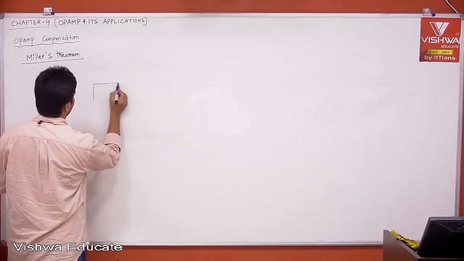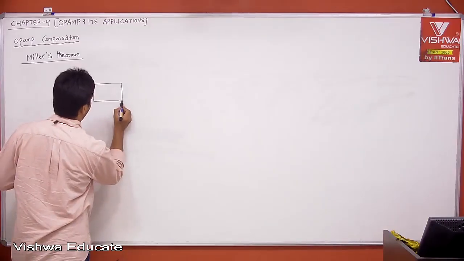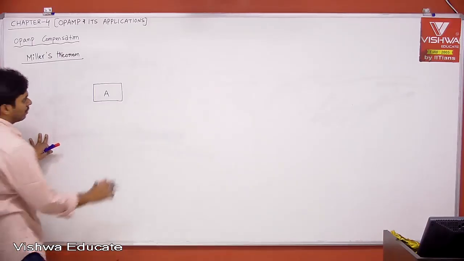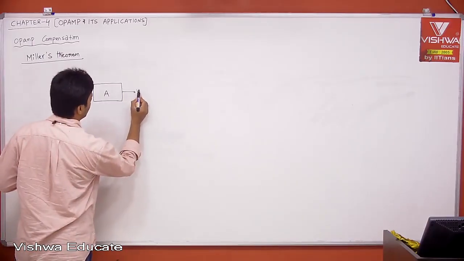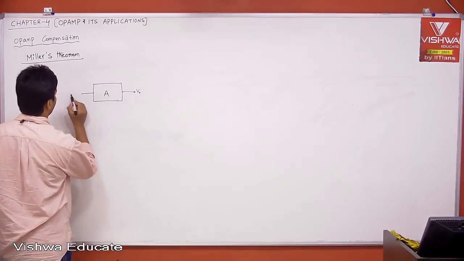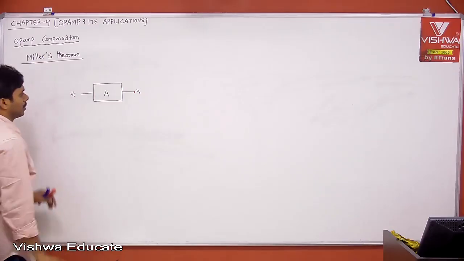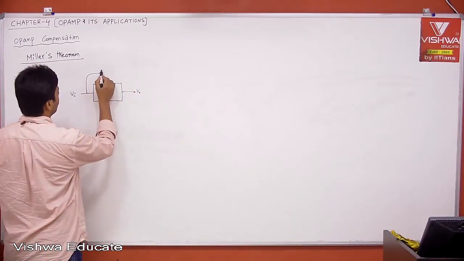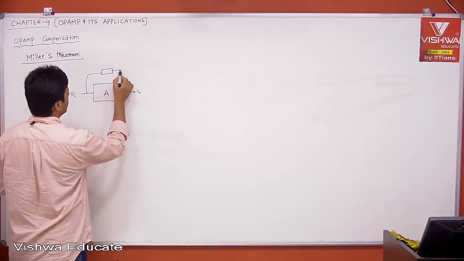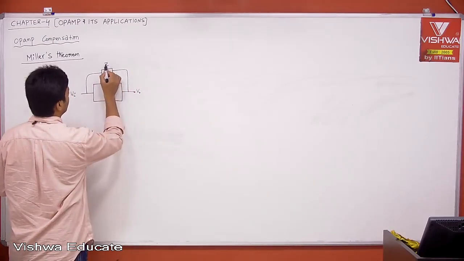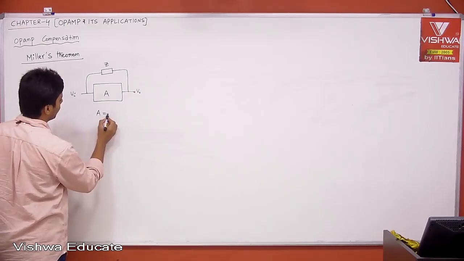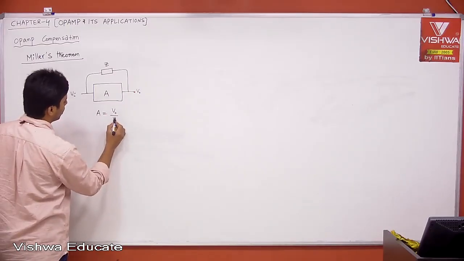If you have any system, open loop system, having some gain A, then let us say this is V0 and this is Vi. Now, if there is a feedback between output to input, let us say it is some Z. Then what is A? A is nothing but A is equal to V0 by Vi.